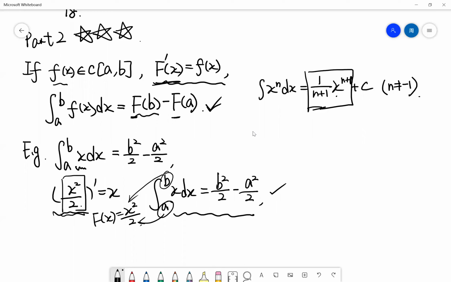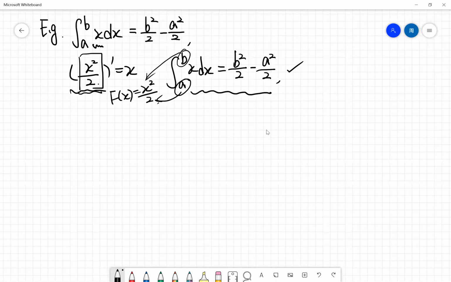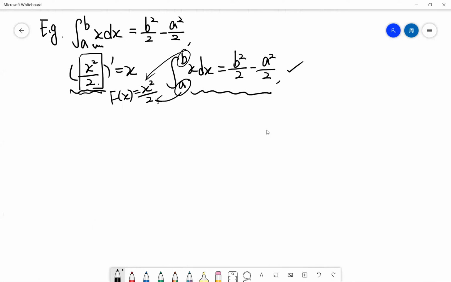Okay. I will give you another example here. Maybe we can calculate number 2 here. Please calculate the integral from 0 to 2 of x squared dx.